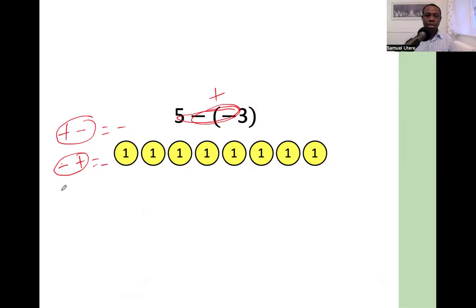Now, something new you have learned is that a negative and a negative next to each other will result in a positive. So if we had used this method, which we will do in the next stage of our lesson, this would become 5 add 3, which is 8. So using this method, which is quicker, and the counter method means that we get the same answer.